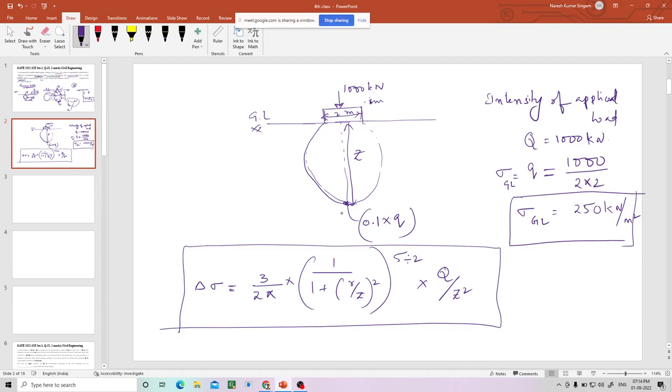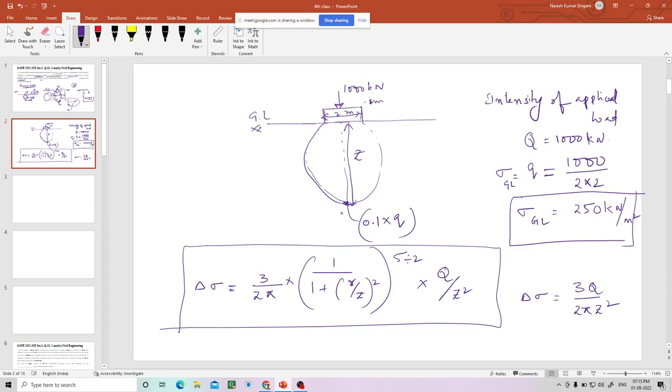As the maximum depth is exactly below the line of application of the load, the R term will be 0, as we have already discussed in the previous classes. Then the total becomes 1, and delta sigma becomes 3q by 2 pi z square.